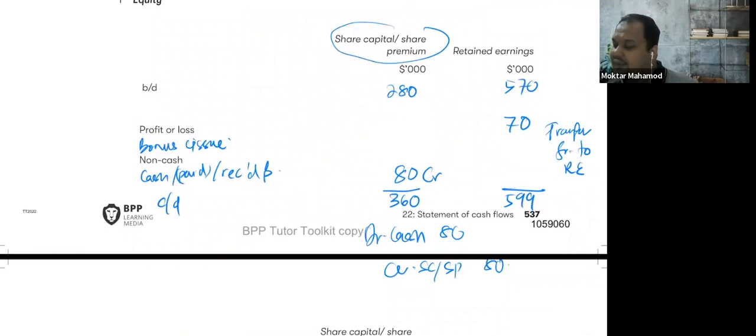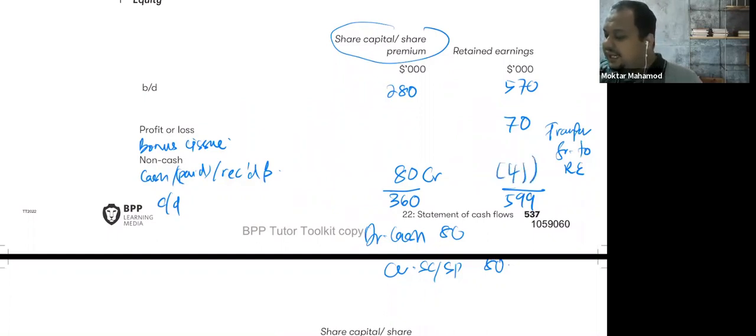Okay, and then kalau retained earnings, balancing figure dia tak akan jadi cash paid ataupun ni, dia adalah dividend paid. Bila tengok 599, sorry, 570 plus 70 minus 599, so 41.